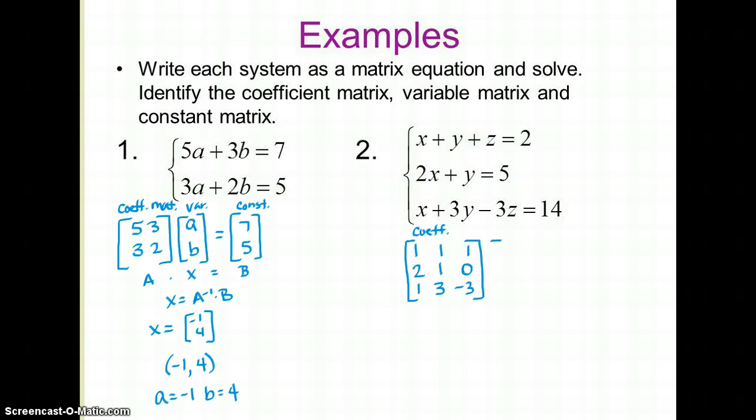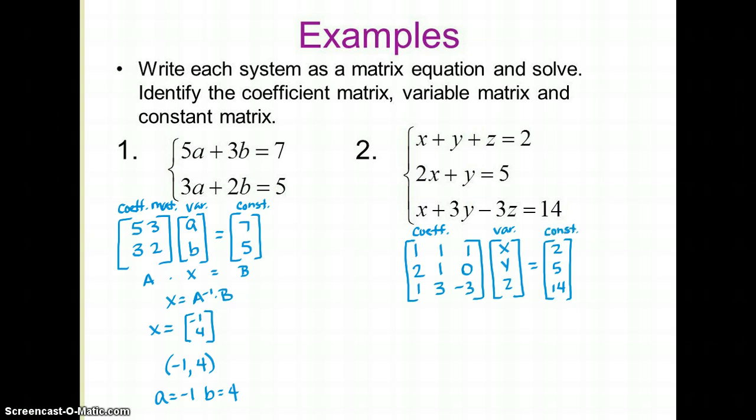Okay, so there's my coefficient matrix. Then I'm going to do my variable matrix. My variables in this problem are x, y, and z. So that's the variable matrix. And then my constant matrix is 2, 5, and 14. Okay, so that is the constant matrix there.